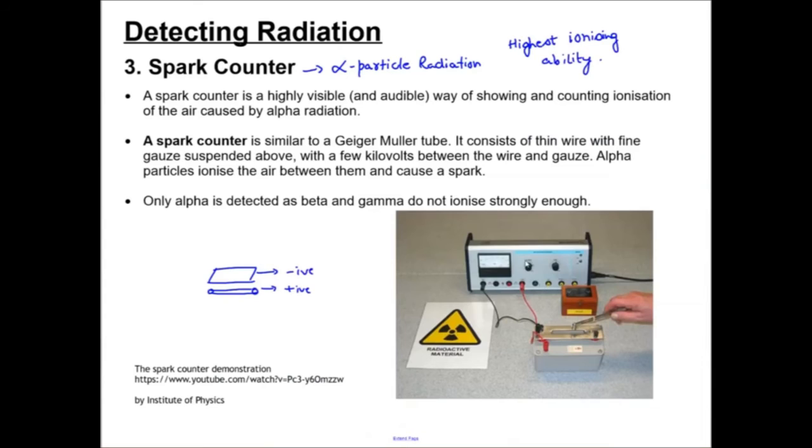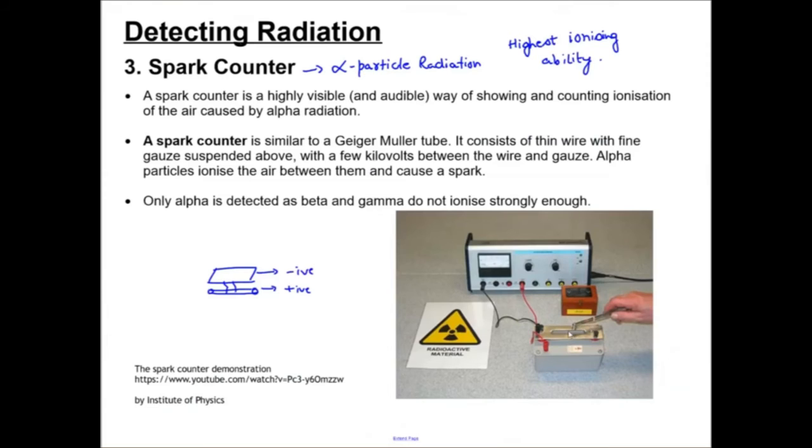We fix the height, and then we increase the voltage until a continuous spark is generated, and then we reduce it just to a value where the sparking stops, right?